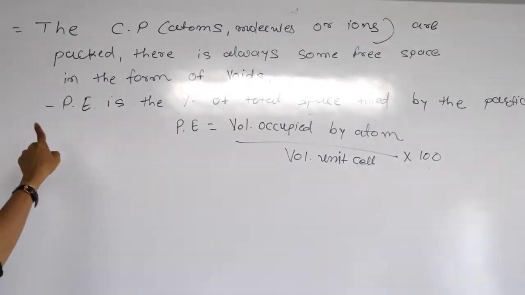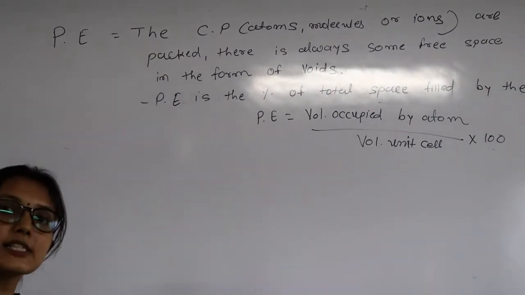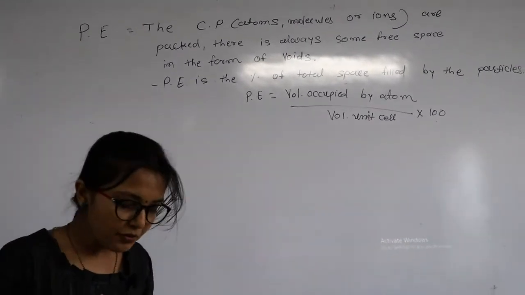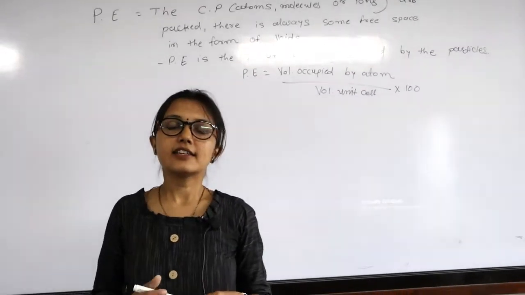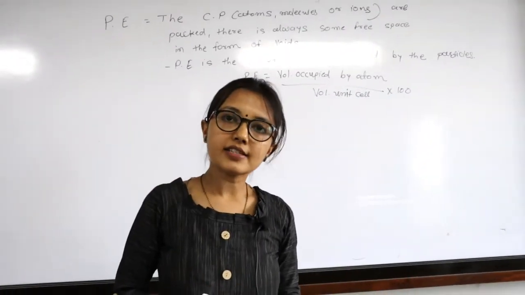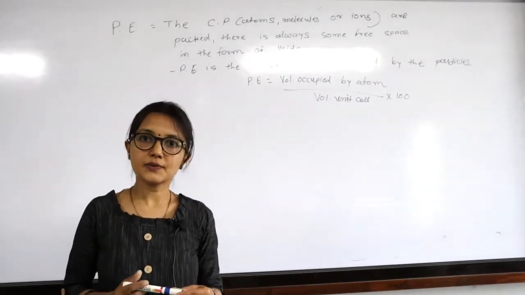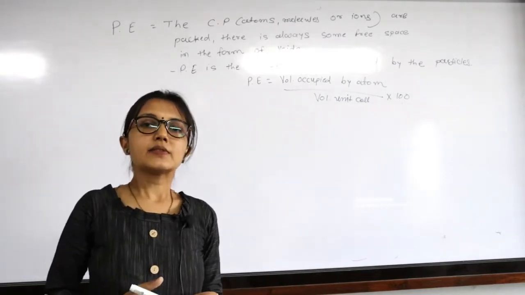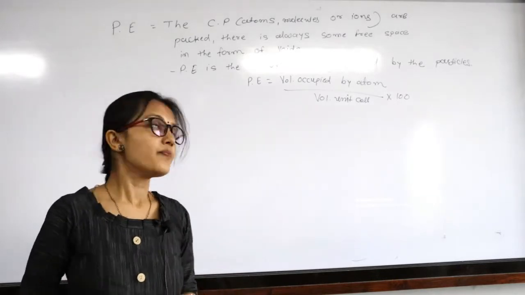They are packed, and there is always some free space in the form of voids. Friends, in the last lecture we already studied voids. A void is free space, and this indicates space or voids.